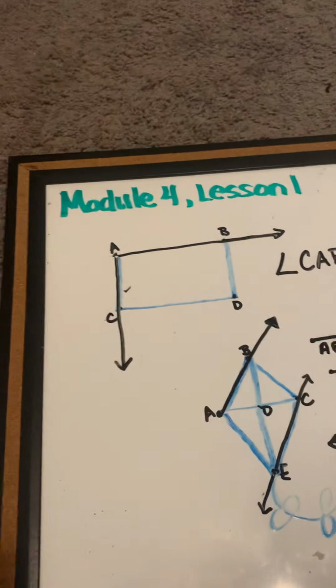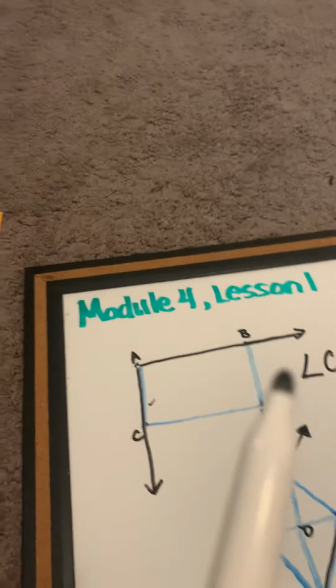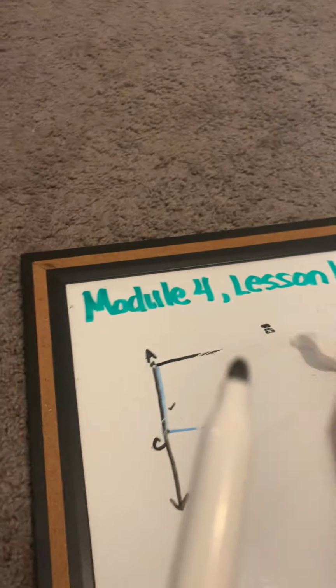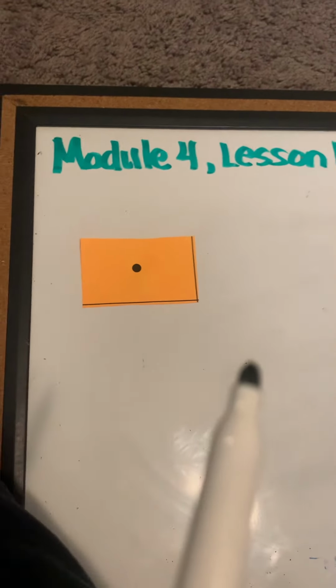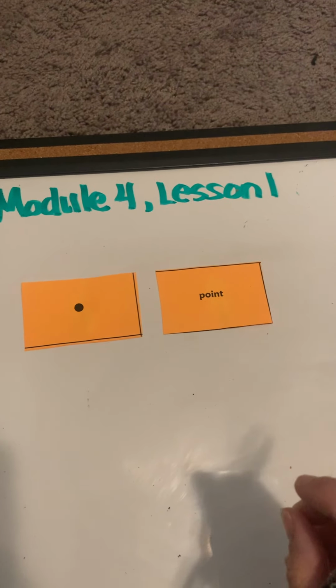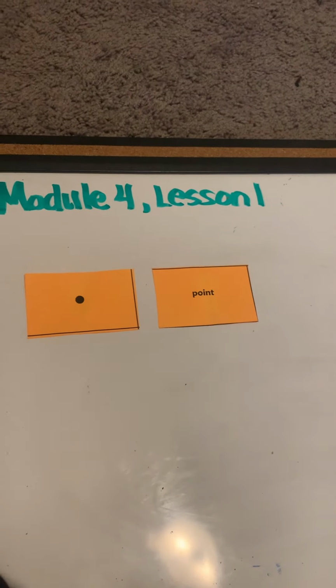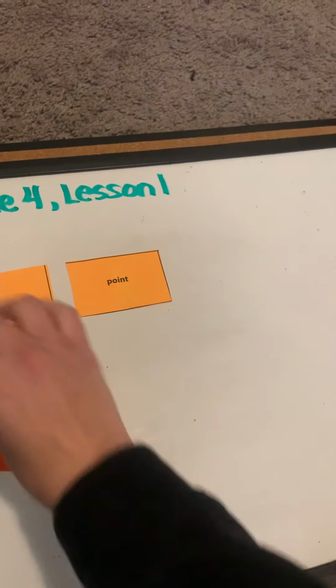Okay, so let's look at some of these vocabulary terms that we just talked about, because that's a lot of information. So let me erase this and let's look at some different ones and see if we can tell. So let's start with this. What is that? We call that a point. Remember, a point is just the exact spot of something. What is this one?